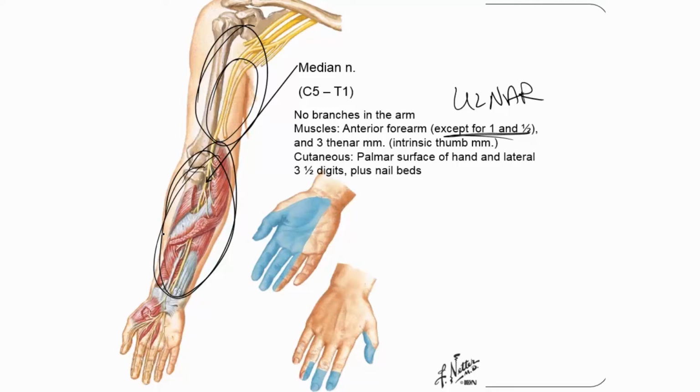One of the important things before we do the cutaneous innervation is the muscles of the thumb. There are 3 thenar muscles, 3 muscles in the thumb, forming this enlarged area of the thumb. And they will be important muscles for the function of the hand.